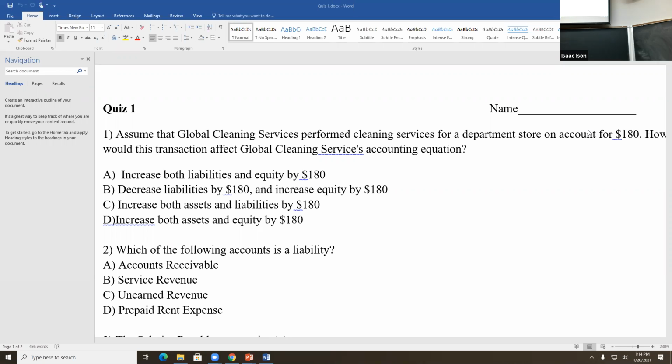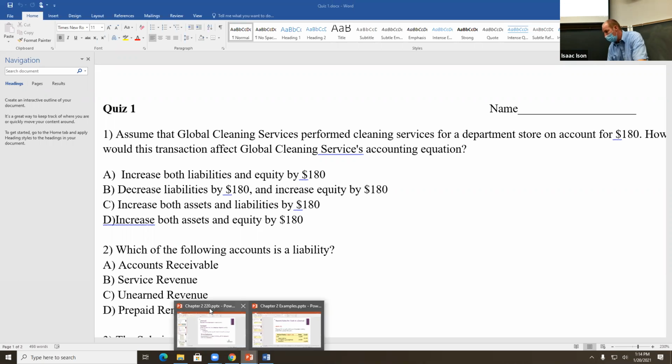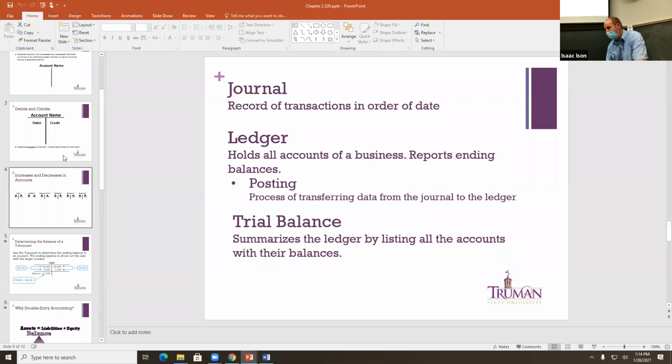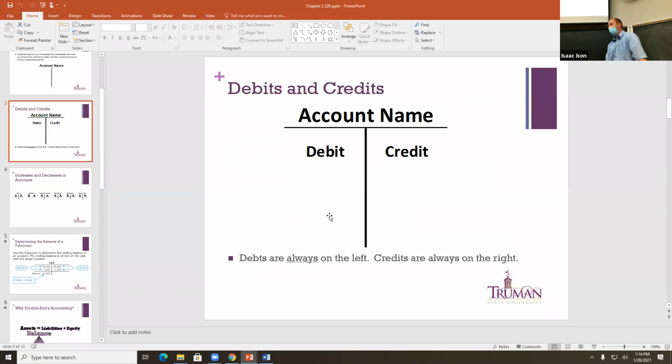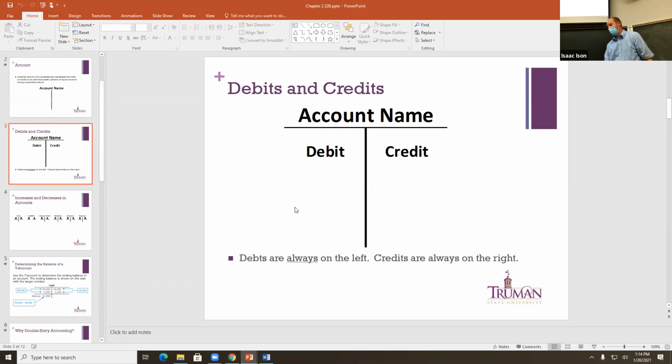Now, with a T account, it's the same concept, but now we're just going to have one account for a specific thing. So it could be for cash, accounts payable, revenue, expenses, whatever.